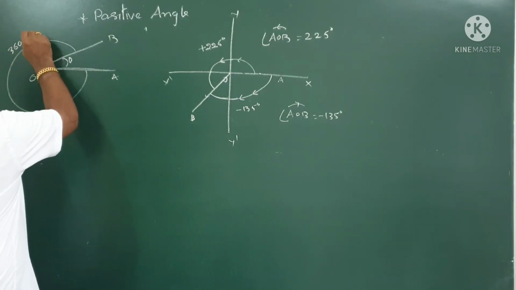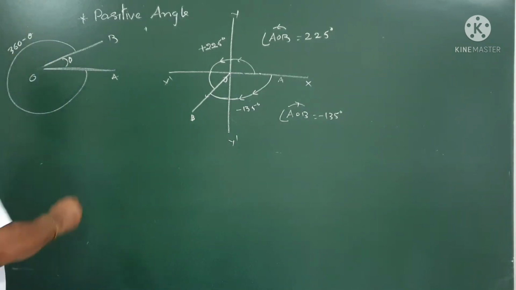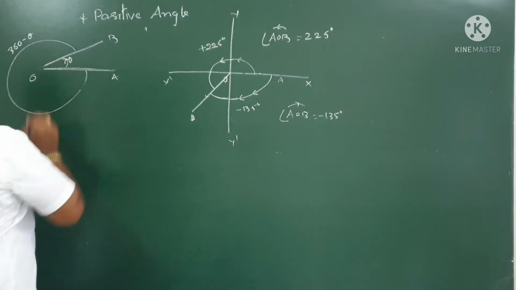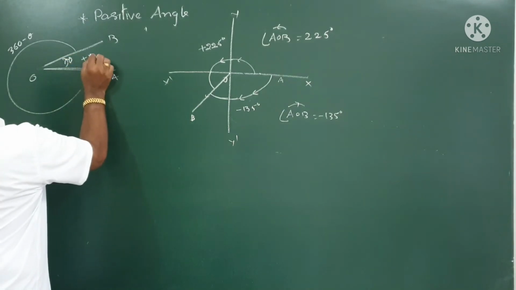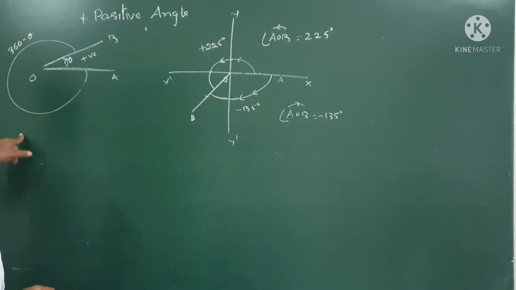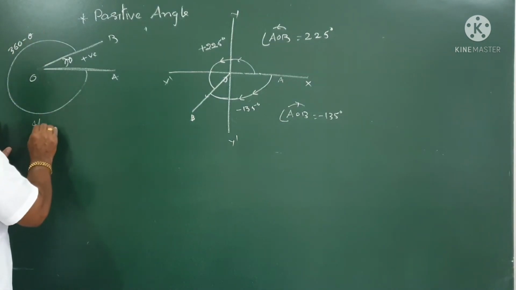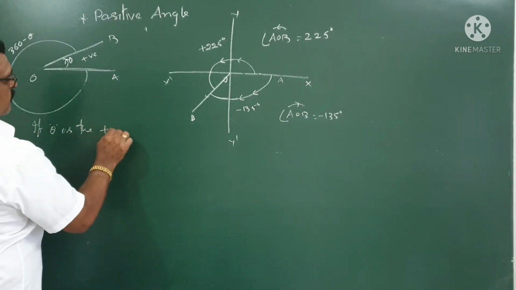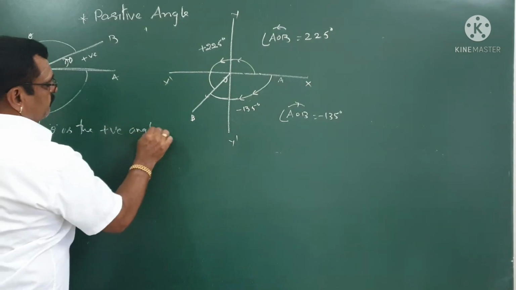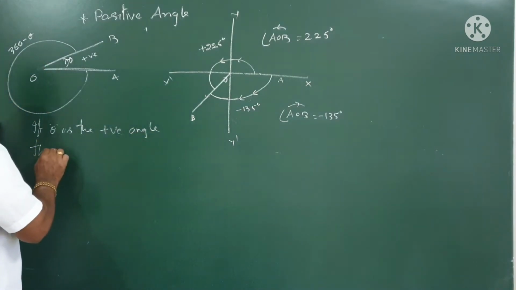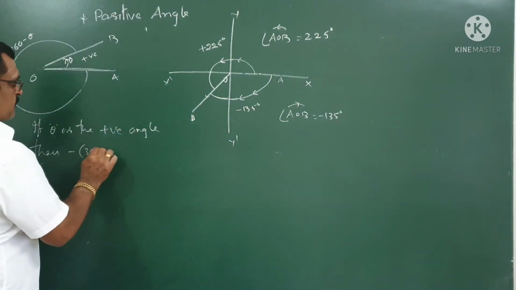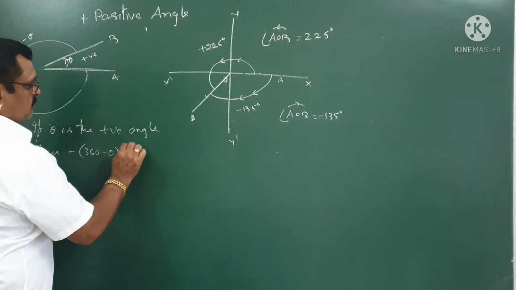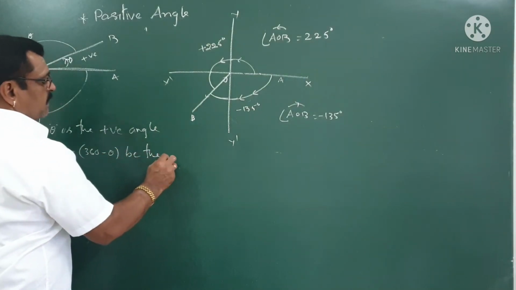this is 360 minus theta. Based on the direction, this is a positive angle, whereas this is a negative angle. So if theta is the positive angle, then minus of 360 minus theta is the negative angle.